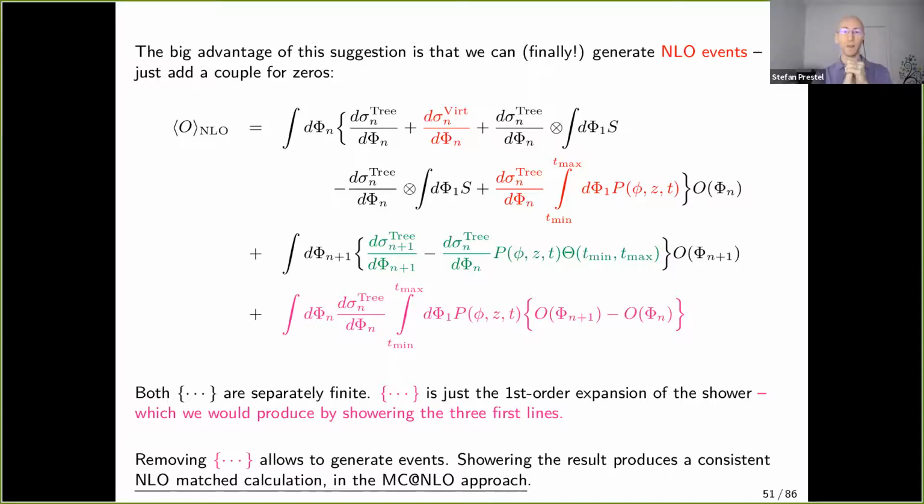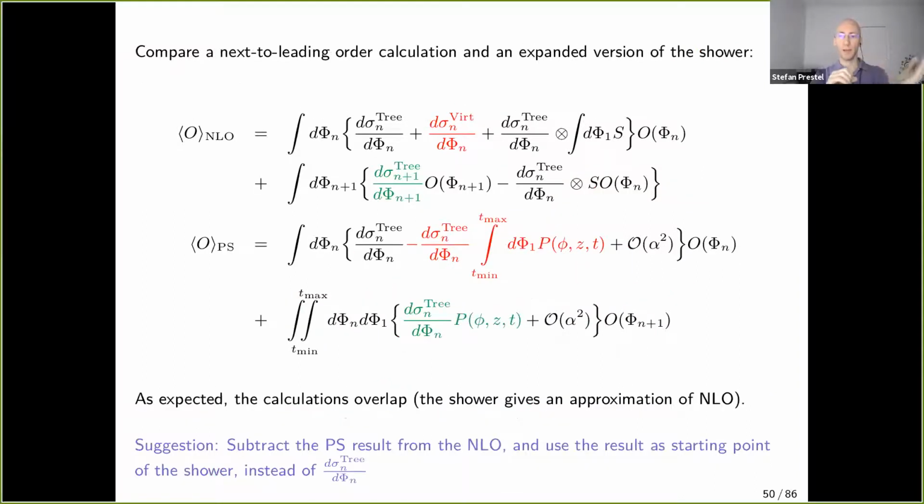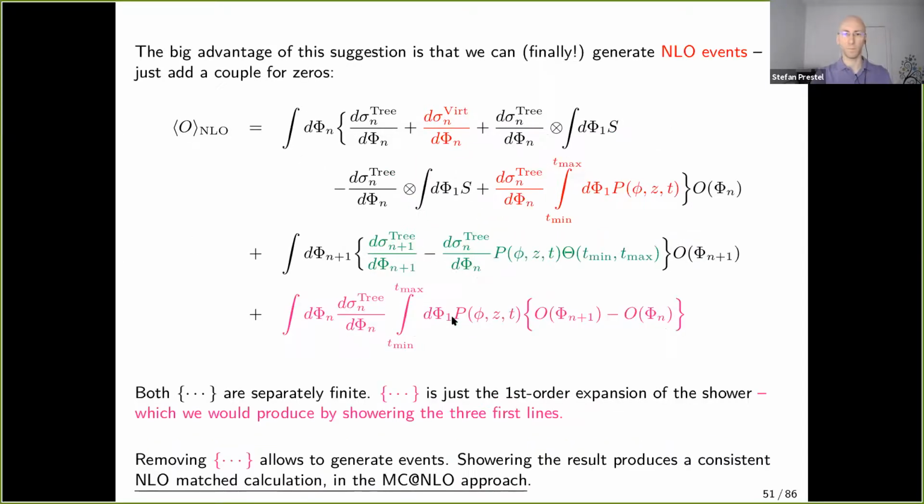However, if I were to initiate the shower on a tree-level prior distribution, this pink thing down here is exactly what the shower would produce. Go back one slide to see that again. If the shower acts on a tree-level distribution, it would produce minus the tree level times the integral over the splitting function as virtual correction, and as real correction, the tree-level prior distribution times the splitting function.